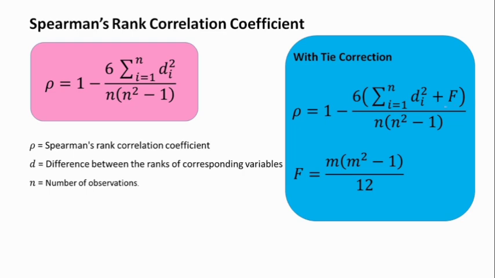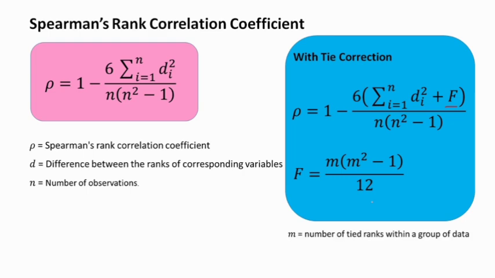So here we are adding one correction factor, which is used in the tie correction case, divided by n times n squared minus 1. Here f is the correction factor, which is calculated as m times m squared minus 1 divided by 12, where m is the number of tied ranks within a group of data.